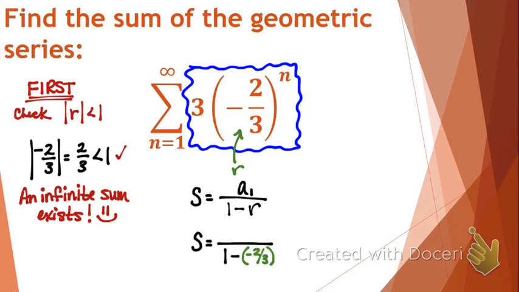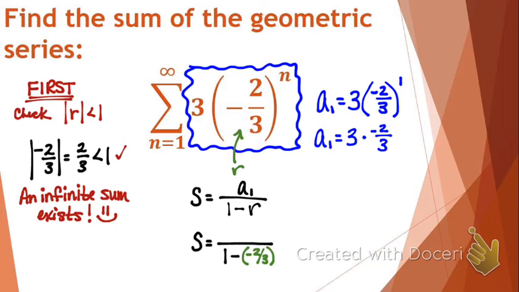To find a sub 1, we need to substitute 1 in the place of n. So a sub 1 is equal to 3 times negative 2/3 to the first power. What is negative 2/3 to the first power? Just negative 2/3. So I have 3 times negative 2/3, negative 2. So that's what we're going to put up in our numerator.